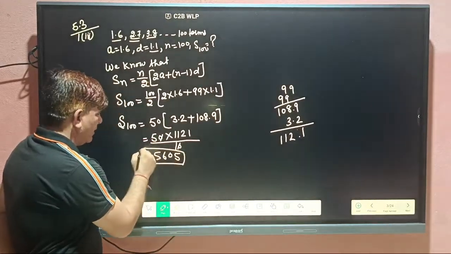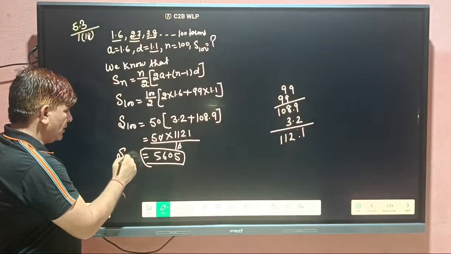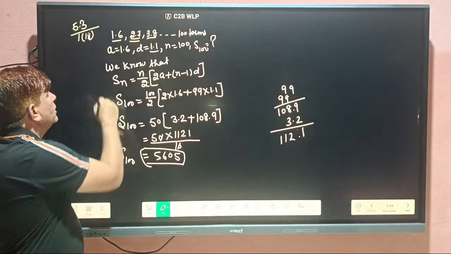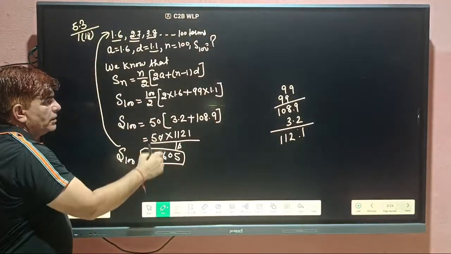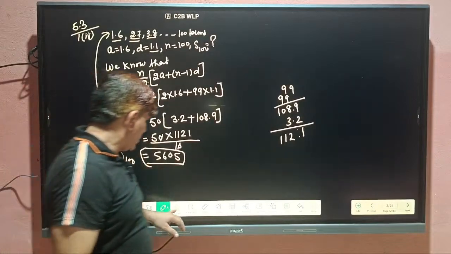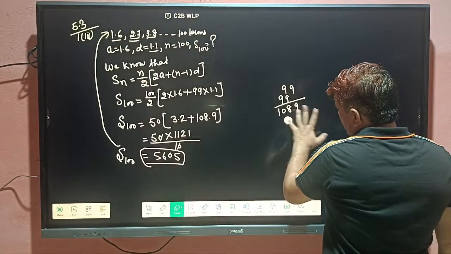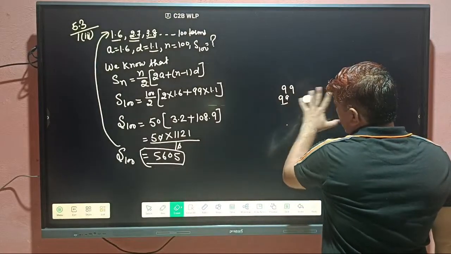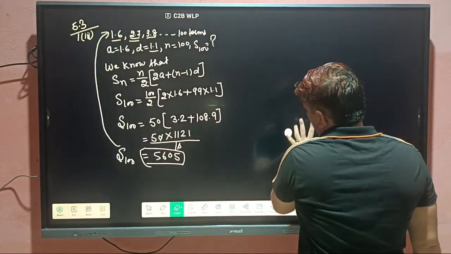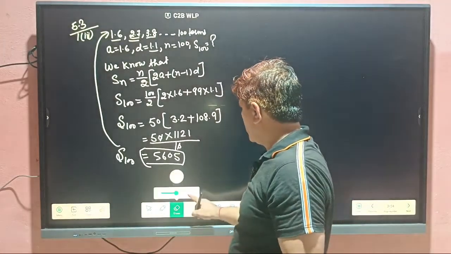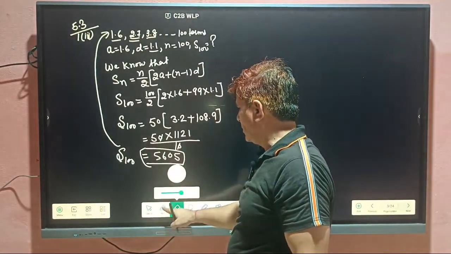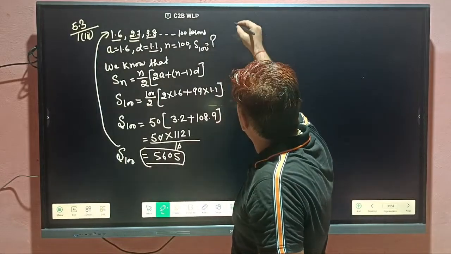So what's the S100? S100 of this given sequence is this. Understood? The examiner just wants to check your calculation. You know calculation of decimals or not? This is the main purpose of the examiner.